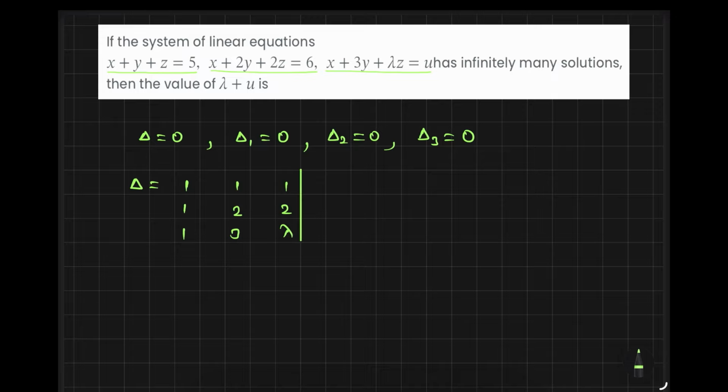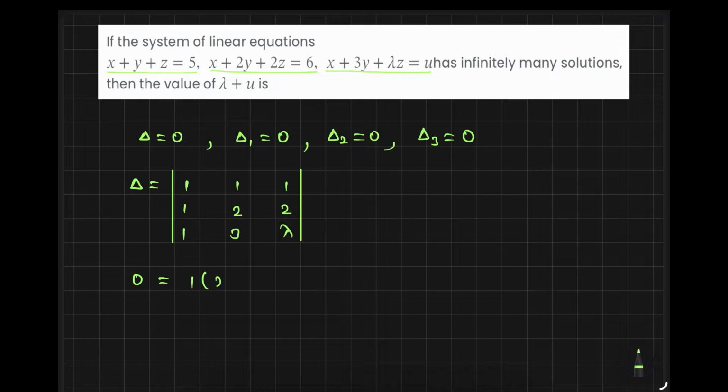You know that this has to be 0, and this will be 0 if, look at this, either you find the determinant and equate it with 0, or you can observe that if two rows or two columns are equal, then its determinant value is 0. So look at this, these two numbers are equal, these two numbers are equal, this means 100% lambda will become 3, okay. This is my observation, and I'll show you also.